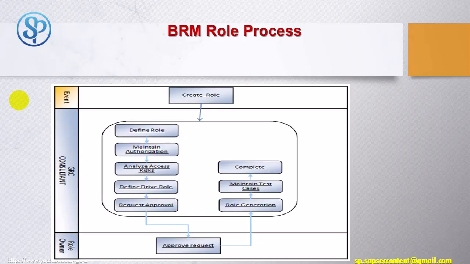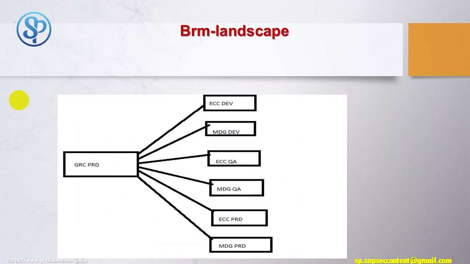That is where the confusion is, that is where BRM is powerful. As per the process, it goes to the development system, but after the role is created, the repository role will exist in the GRC system initiating the approval, while the actual role in the development system needs to be manually moved to the ECC quality system and ECC production system.